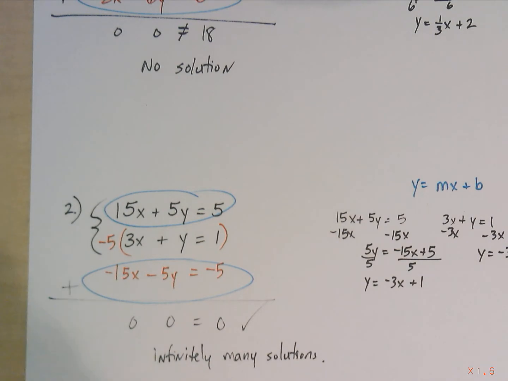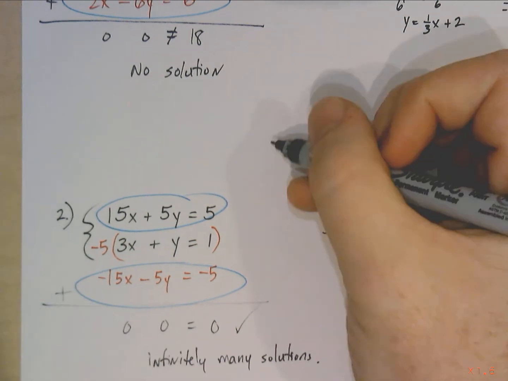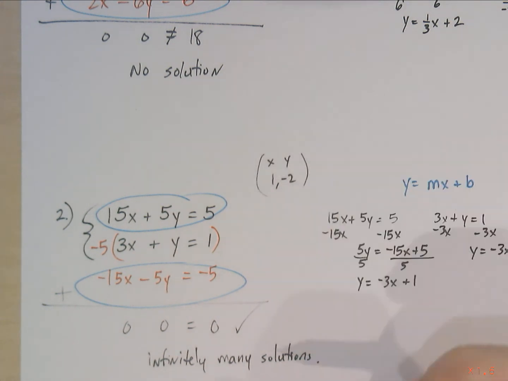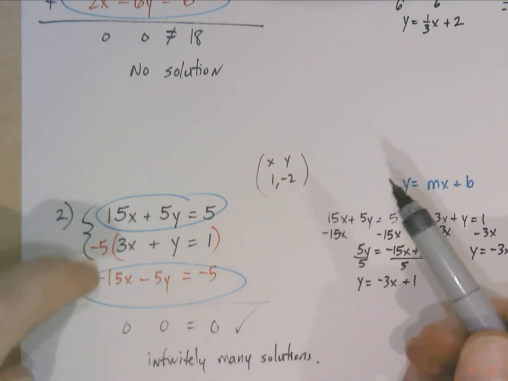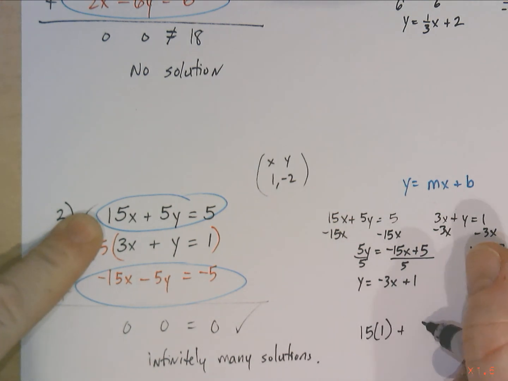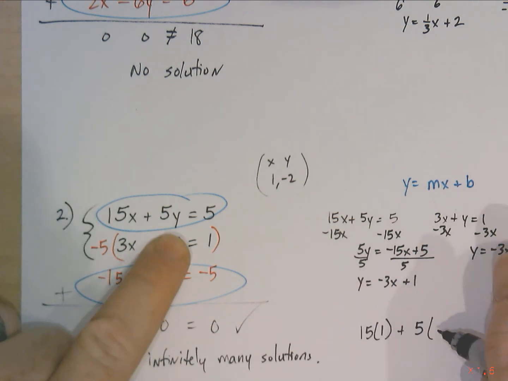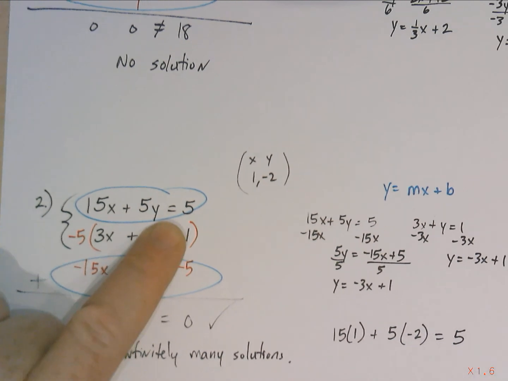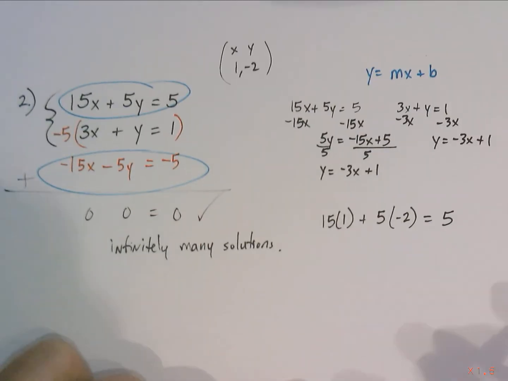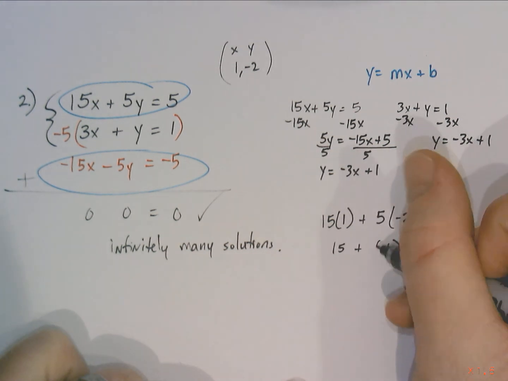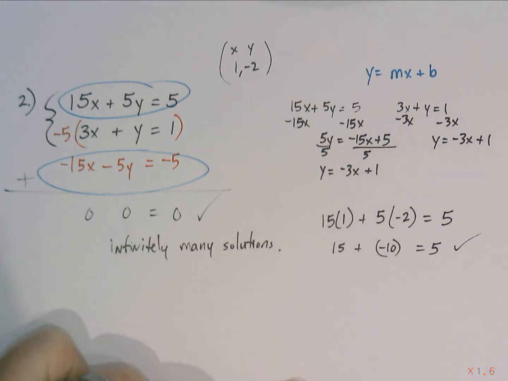And if you want to check it, so 1, -2, this is your x, this is your y, right? So if you plug it back in, 15 times 1 plus 5 times -2, does that equal 5? Let's find out. 15 plus -10. Yes, that does equal 5. That works out.